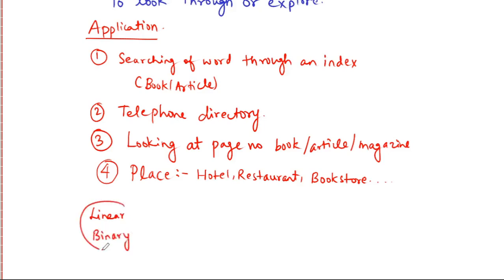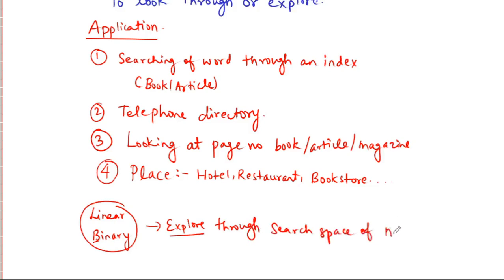The idea of both search algorithms is to explore a search space of numbers, or it can be words, but more emphasis will be on the numbers, though the idea can also be extended to words as well.